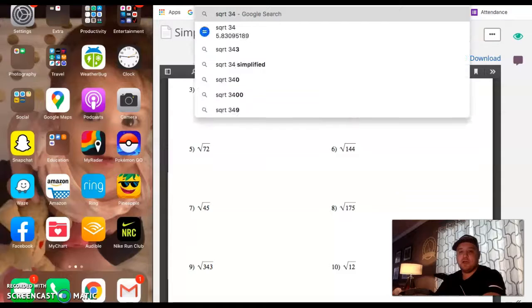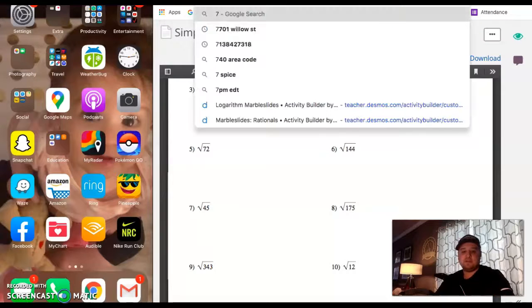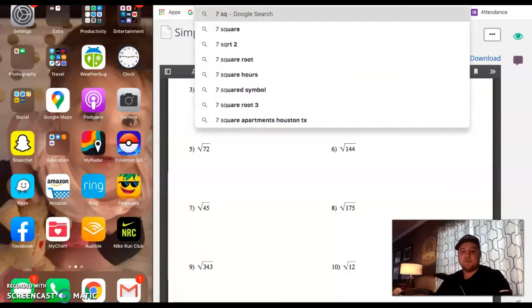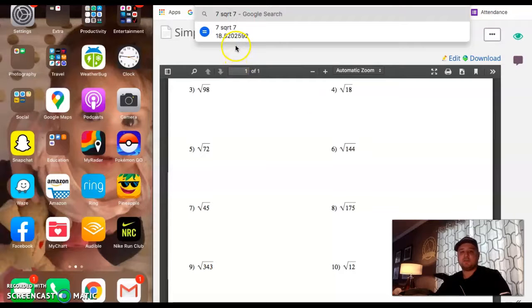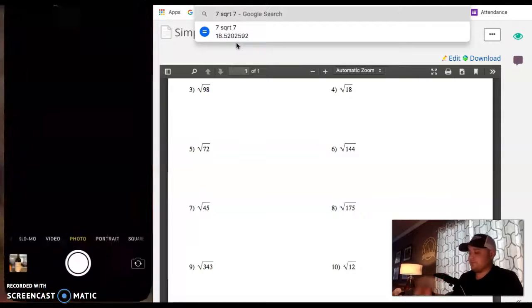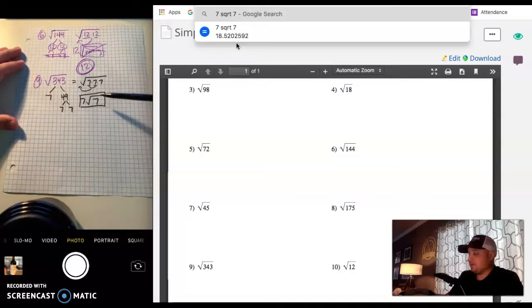And then let me try 7 times the square root of 7, and that's also 18.520. All right, so that means we've got a good answer here, and we're good to go.